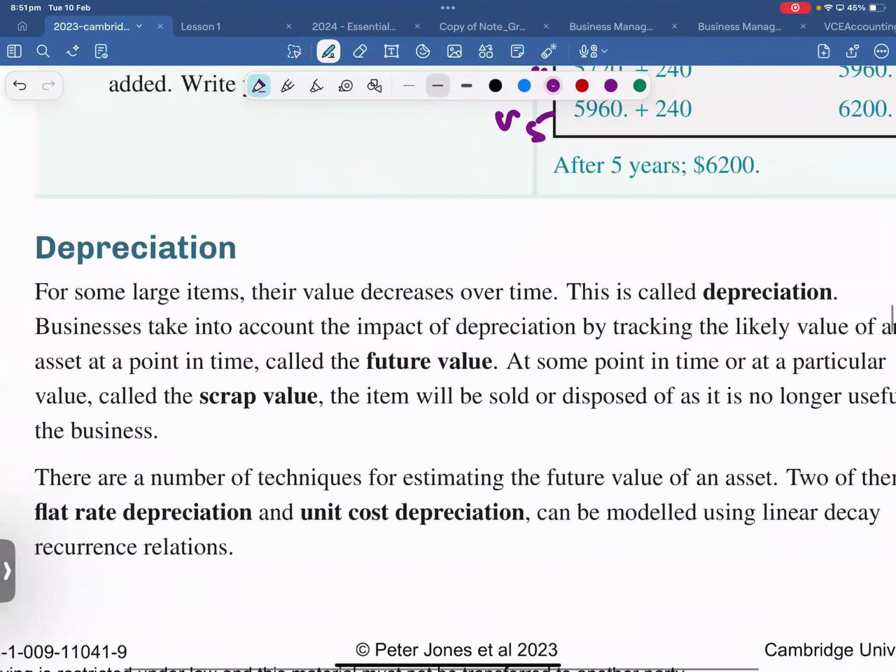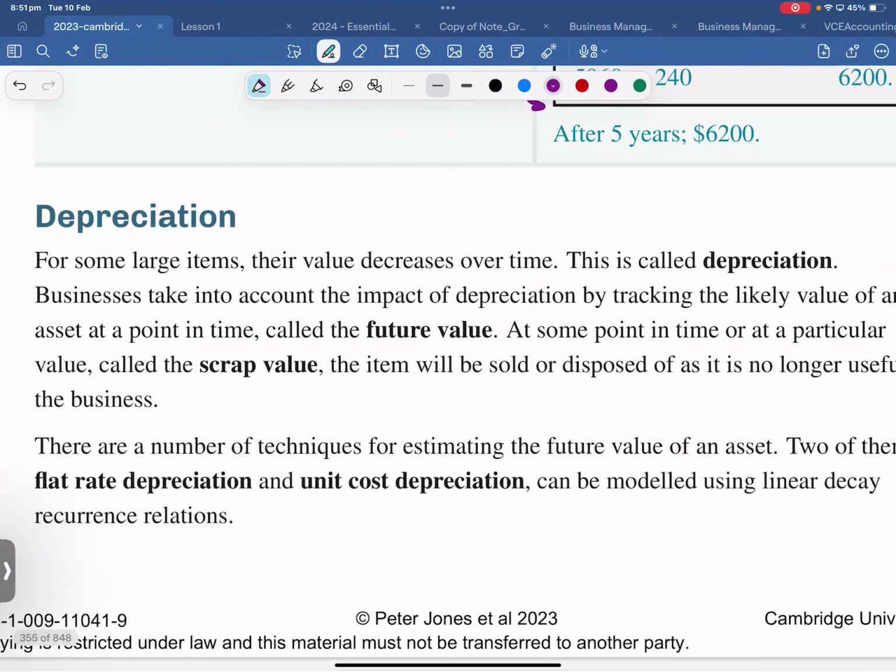Now you ask me about depreciation. Depreciation means, first of all, value is decreasing as we use, especially for man-made items, right?